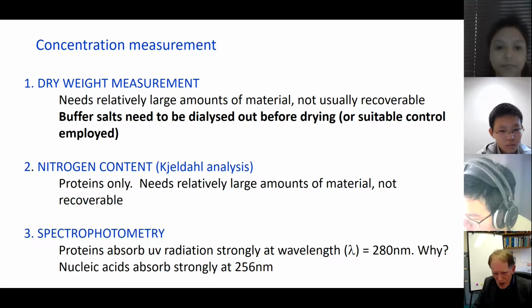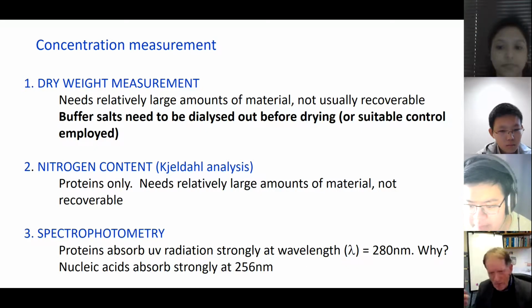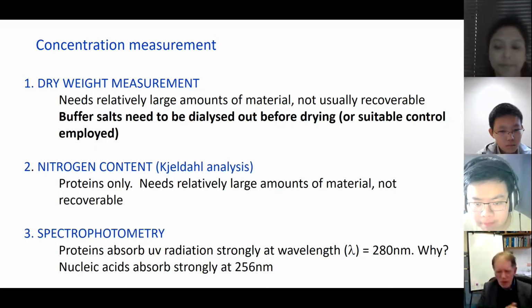Of course, you wouldn't evaporate all your material because you'd lose what you wanted to look at. You just take an aliquot or proportion of that to assay for the concentration. To be accurate, you need relatively large amounts of material, which are not usually recoverable.